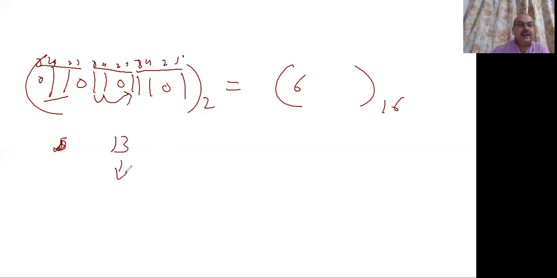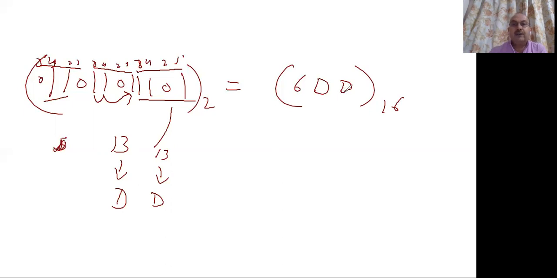So 13 is written as, remember, 10 11 12 13, A B C D. So this will be written as D. And then we come to this part, 8 4 1 is 13, which also makes it D. So it will be written as 6D. I hope this is clear.